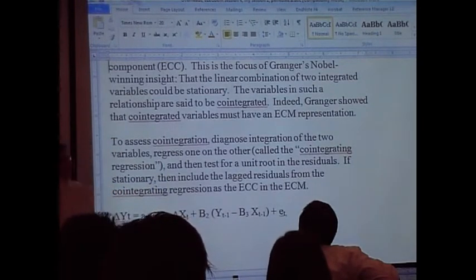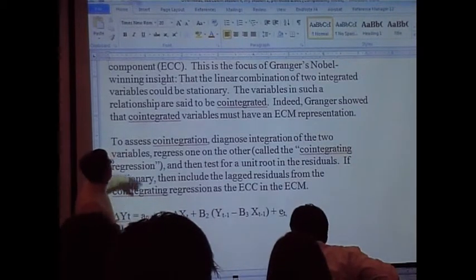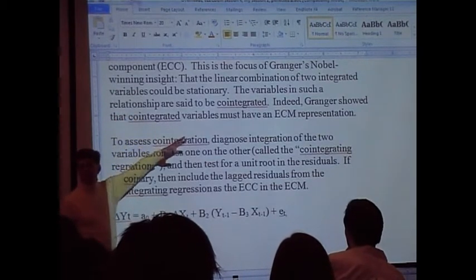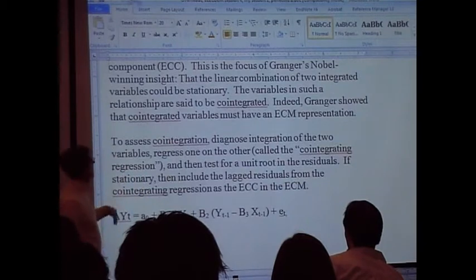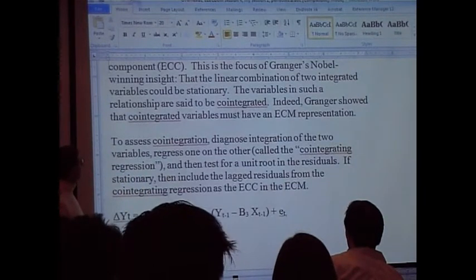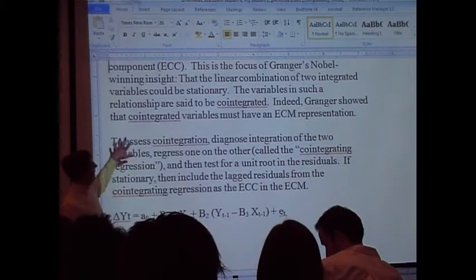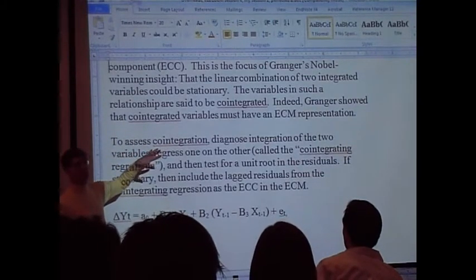Y is 2x, you take the residuals. They will be stationary, at least that's the theory, and they're said to be co-integrated.